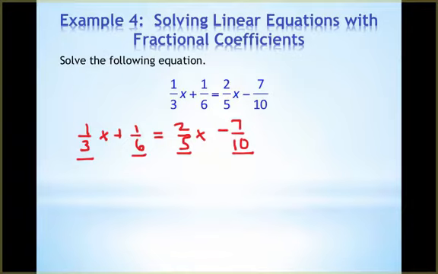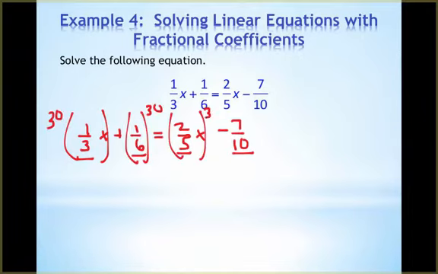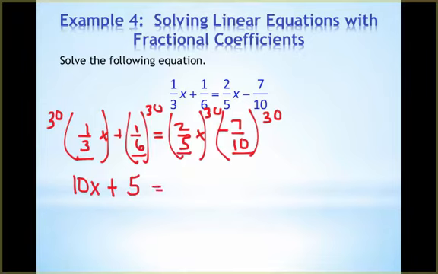So what I can do then is multiply each number in that problem by 30. And if I do 30 times 1/3 x, I get 10x, plus 1/6 times 30 would be 5. 2/5 times 30 would be 12x, and negative 7/10 times 30 would be negative 21.